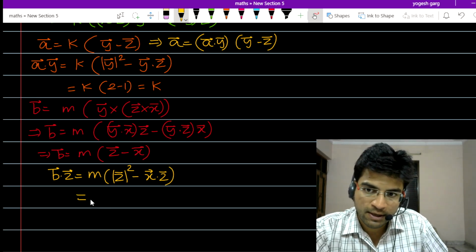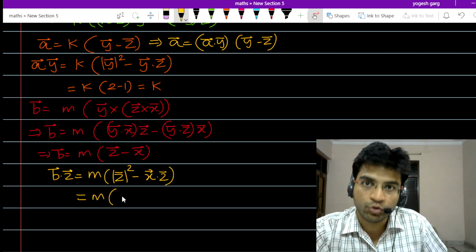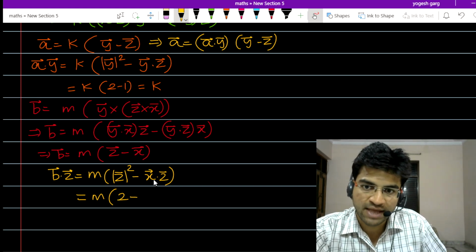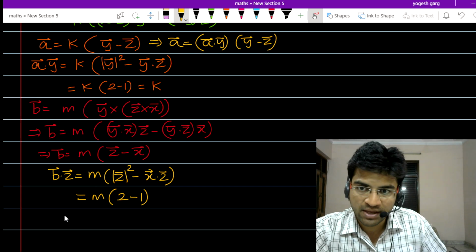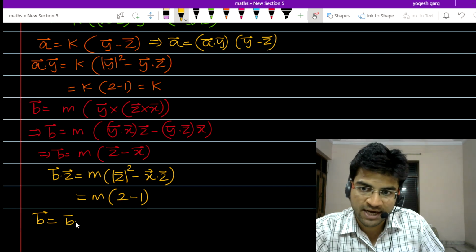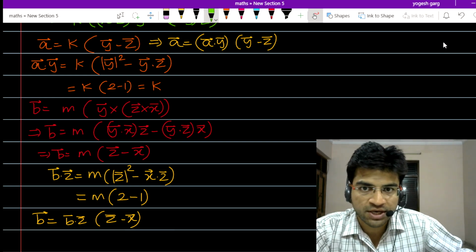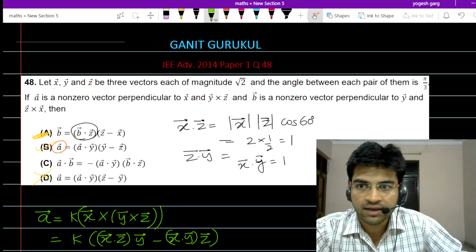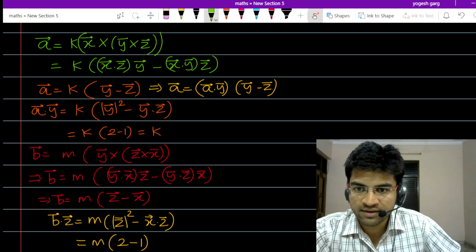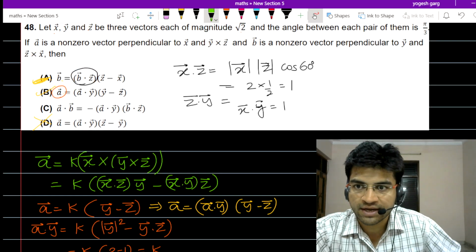Now mod z square is root 2 square, which is 2, minus x dot z is equal to 1. So 2 minus 1 is 1. So this is m. Value of m is b dot z. So from this we can say b vector is equal to b dot z into z vector minus x vector. So A option is correct. So A option is also correct.